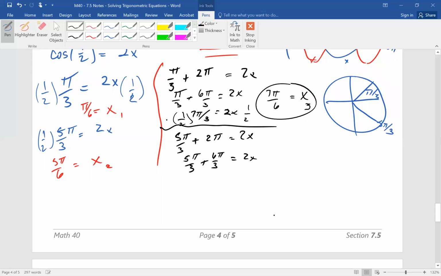Scroll down a little bit for a little bit more room. And so you're going to get 11 pi over 3 equals 2x. And again, all I'm doing is solving for x. I have 11 pi over 6 equals 2x.